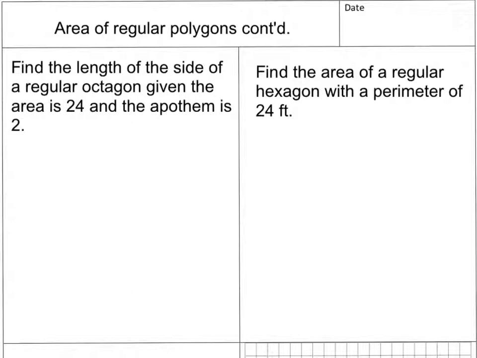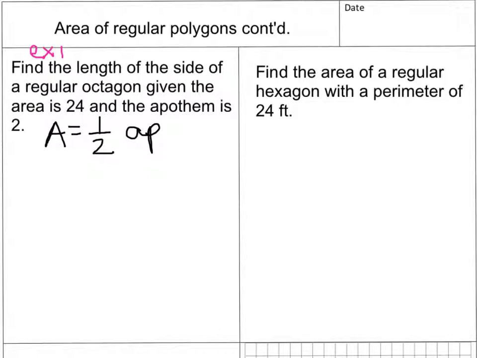Here's where it's going to be different. So let's write these down. To find the length of the side of a regular octagon, this time I'm giving you the area and the apothem. Let's do this first example. You have to use the same formula, 1/2 AP.